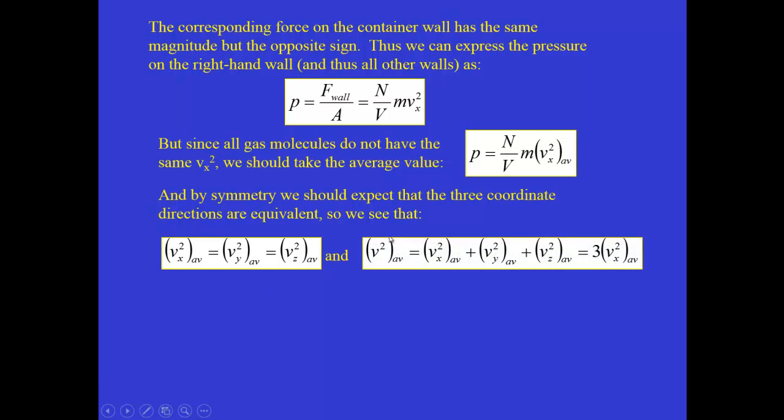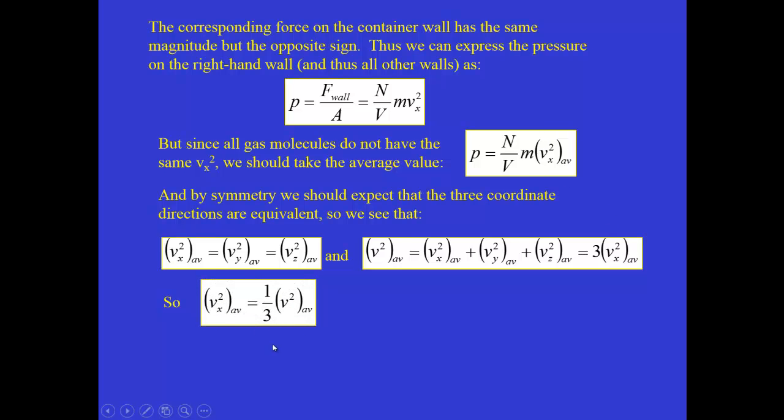And if that's true, then the overall average of the square of the speed, which is just the sum of these three terms, would simply be 3 times one of those terms, as long as all three of them are equal to each other. So what this allows me to do is solve for v_x squared average and replace that in the equation above for the pressure.